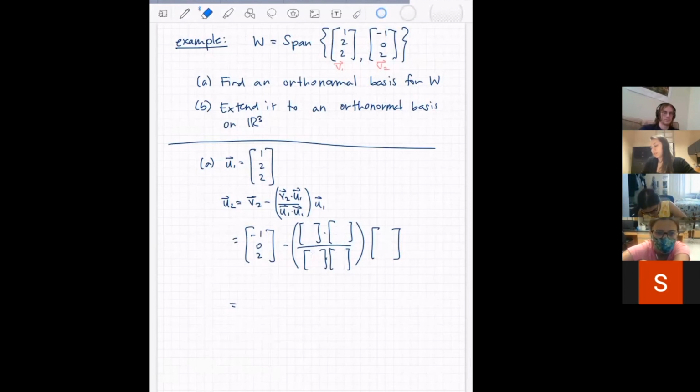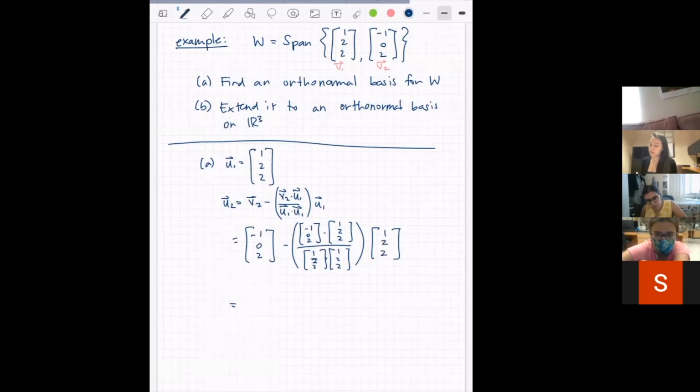Okay. Minus 1, 0, 2 should go here. And U1 is 1, 2, 2. There we go. Okay. This is going to give us -1 plus 4, so 3. And this is going to give us 1 plus 4 plus 4, so 9. Yeah. Times 1, 2, 2.